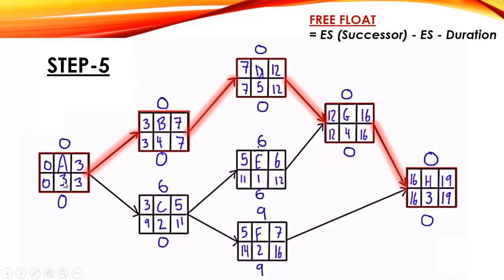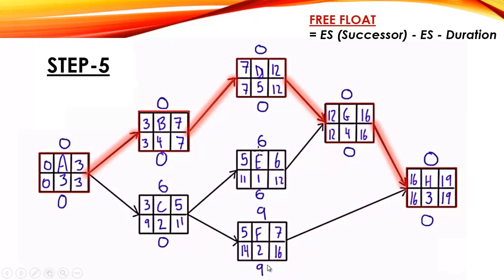At the bottom of each activity, free floats are written. For example, for this activity again, early start of successor 11 minus 9 minus 2, 0. For this activity, the early start of the successor is 16 minus 5 minus 2, that is equal to 9.